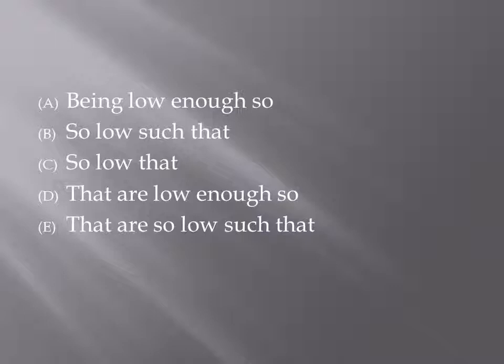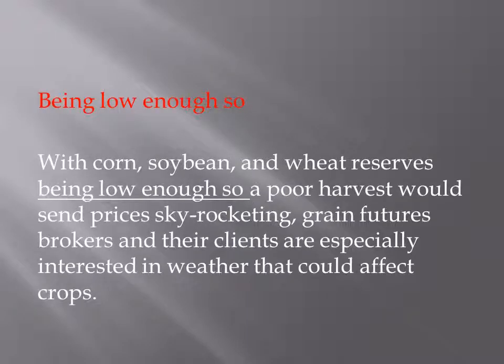So we're going to walk through each of these. Like I said, I like to read the answer choice back in the sentence, and you're looking for the best choice, not necessarily the only one that's correct, but the best way to say what you're saying. So let's look at answer choice A, being low enough so. With corn, soybean, and wheat reserves being low enough so a poor harvest would send prices skyrocketing, grain futures brokers, and then the rest of the sentence.